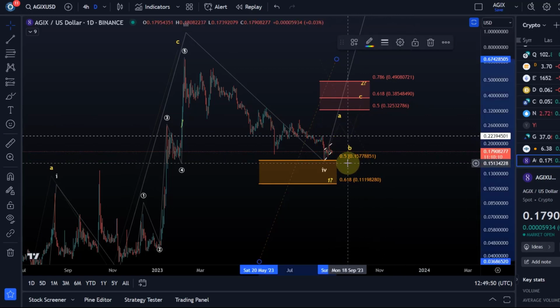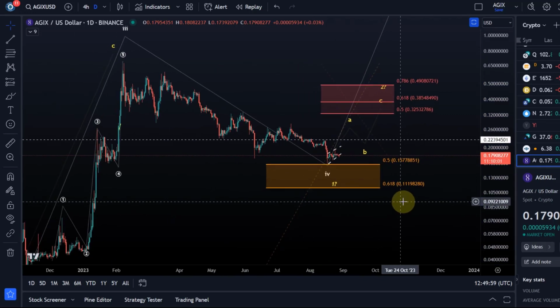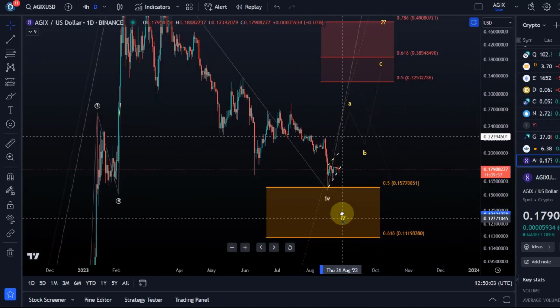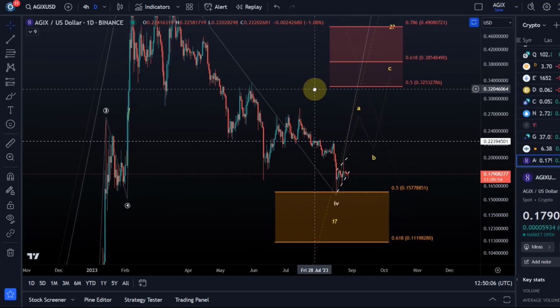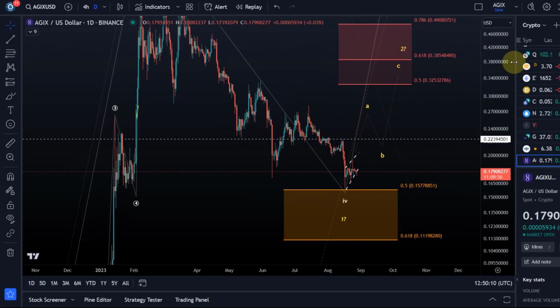So it might very well be that we're just gonna go a little bit more sideways or make another tiny low before that more substantial rally starts. And if we make one more low and we get a sustained break below 15.77 cents, I have to lean towards the yellow wave count. I would then make the yellow wave count the primary. At the moment, it's sort of just a likely alternative, okay?